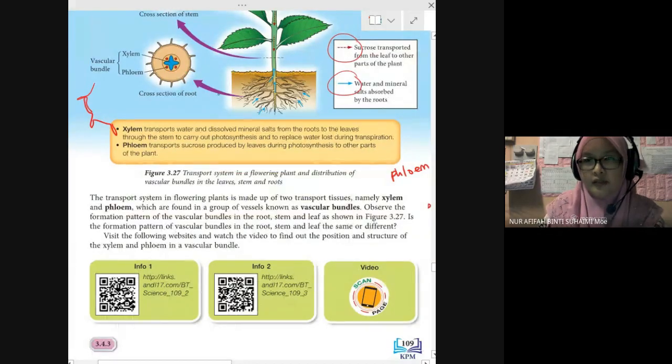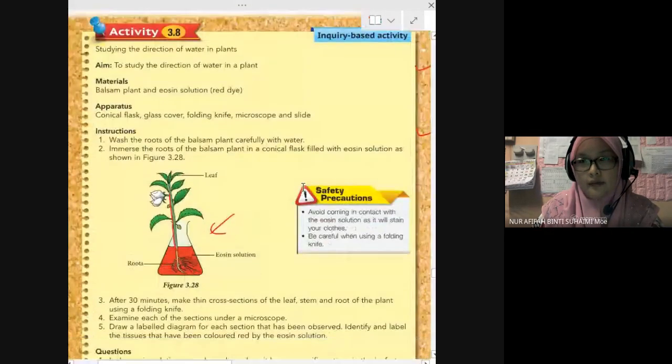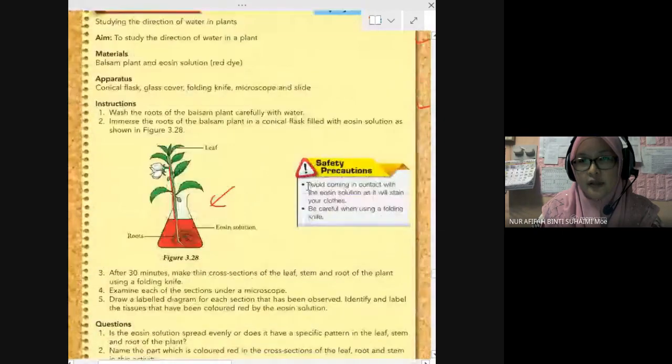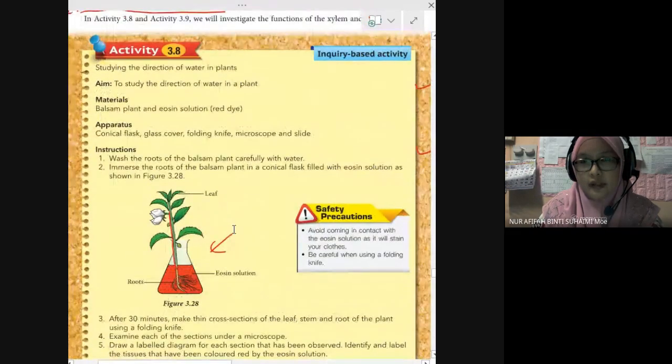Okay, xylem transports water and dissolved mineral salt. Phloem transports sucrose or glucose or food that is produced by the leaf during photosynthesis. Okay. This one is an experiment using a balsam plant, a dicotyledon.